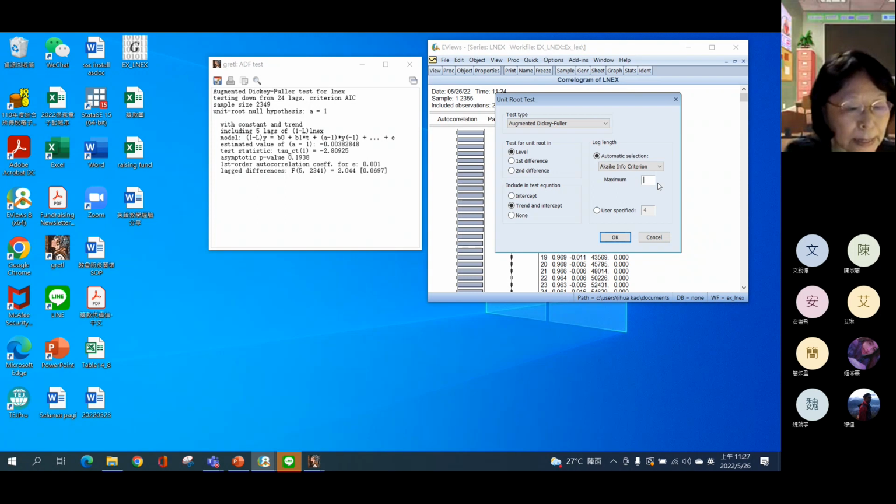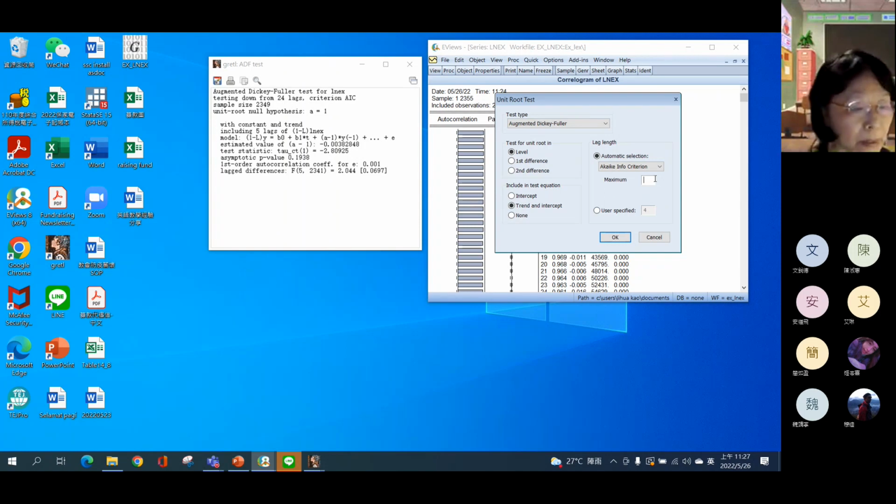For monthly data, since a year is 12 months, usually we include 12 lags. And since this is daily data, we can use more than that. So I'm trying 24 again. I tried 12 first, then 24.